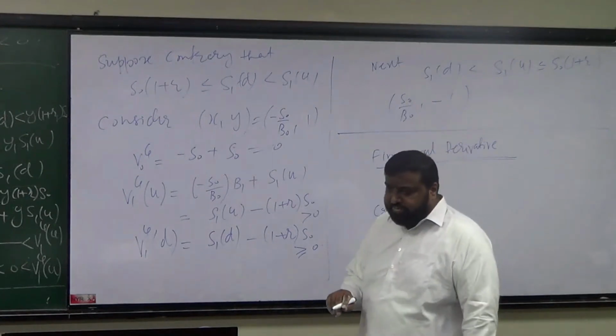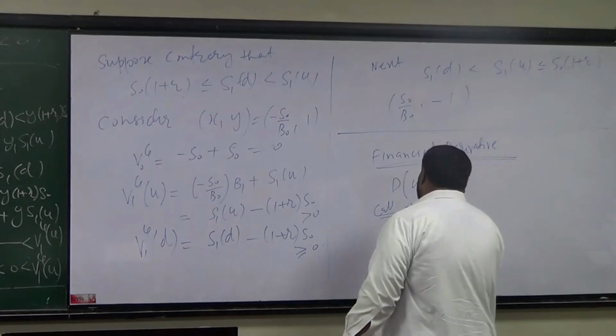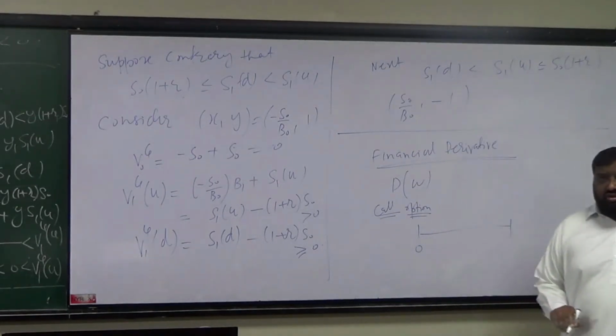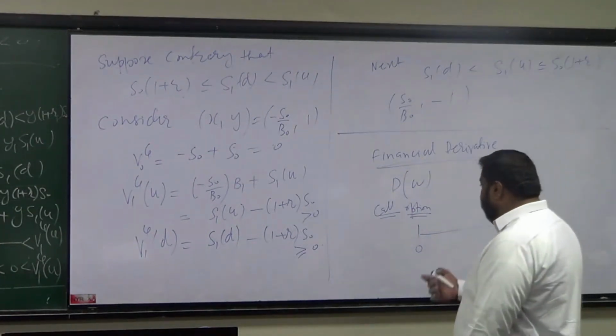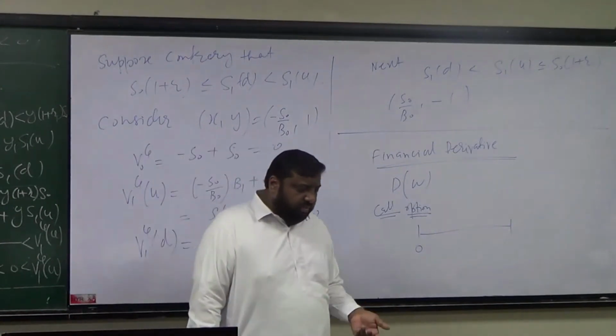An option is an agreement, roughly in this context, that you make at time 0. It's a contract that takes place between two parties.